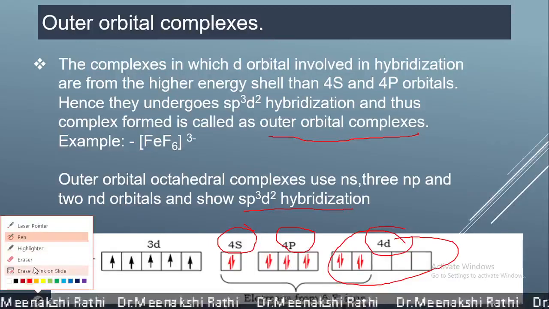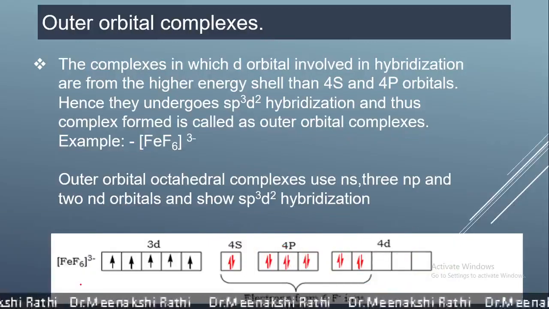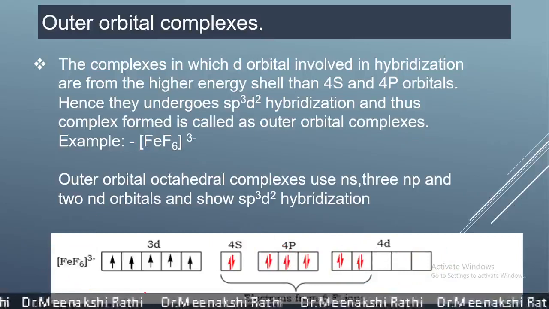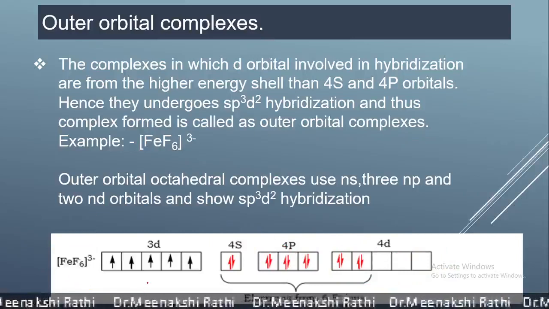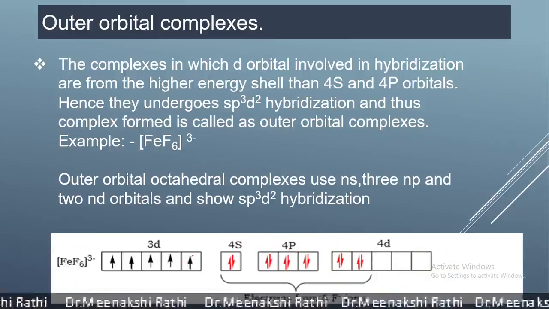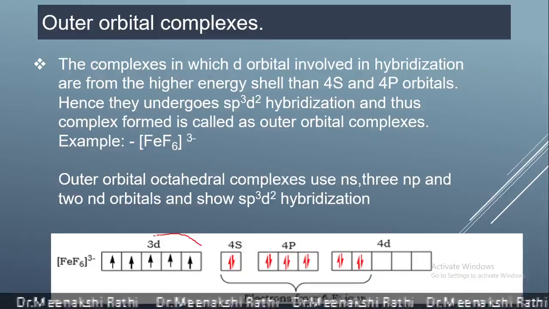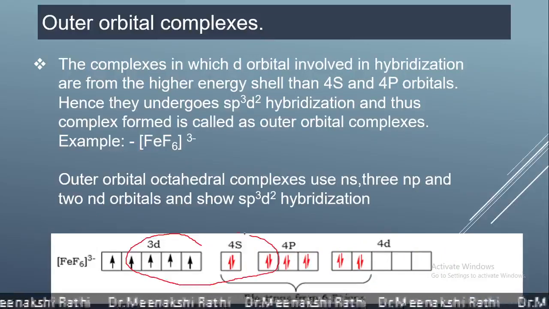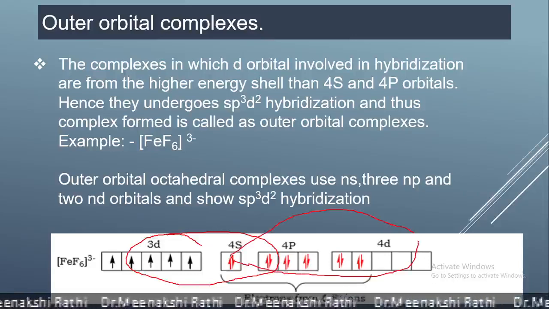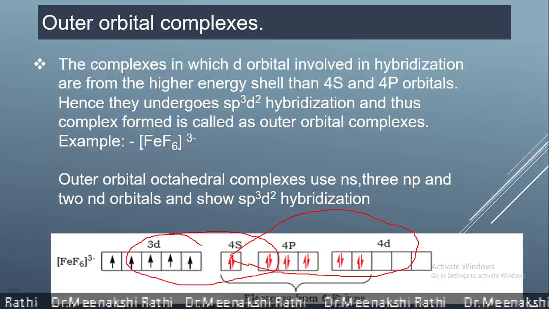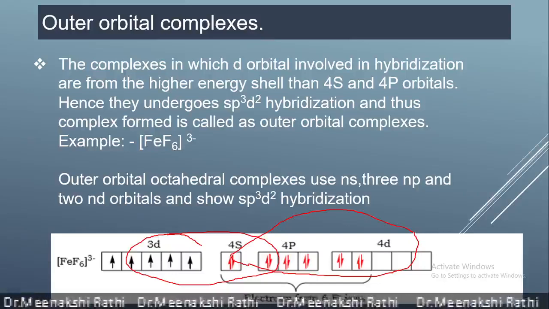So what is the difference between inner orbital and outer orbital complexes? In inner orbital complexes, the d orbitals are used from the inner side, while in outer orbital complexes, the d orbitals are used from the outer side, of higher energy.